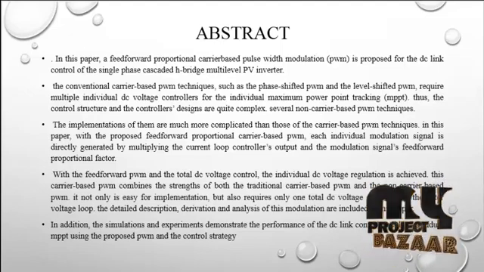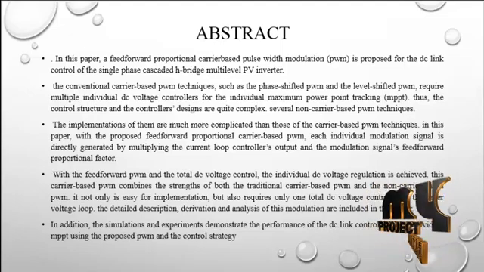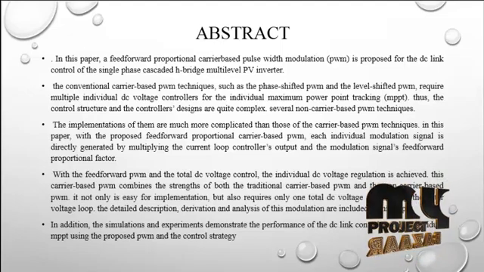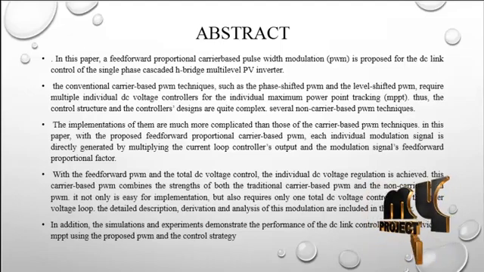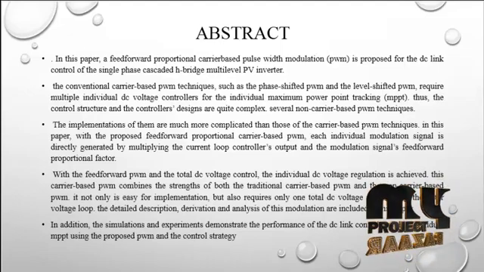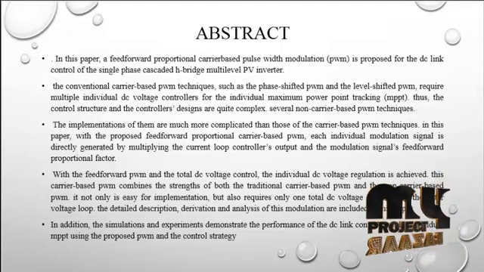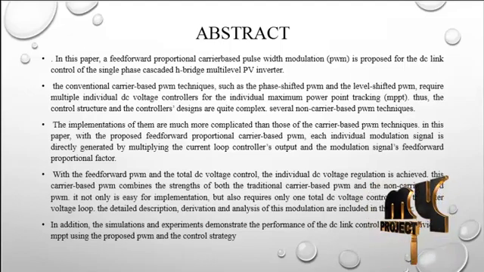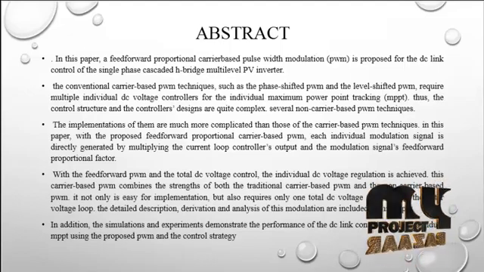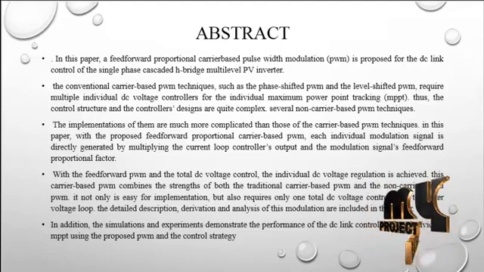In this paper, we propose the feed-forward proportional carrier-based PWM, where each individual modulation signal is directly generated by multiplying the current loop control output modulation signal by a feed-forward proportional factor. With feed-forward PWM and total DC voltage control, several DC voltage regulations are achieved.